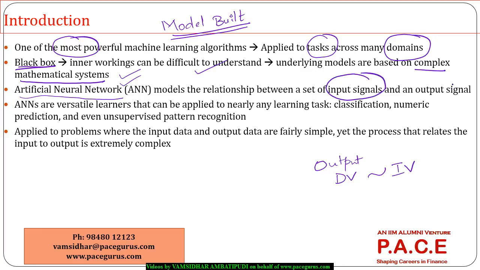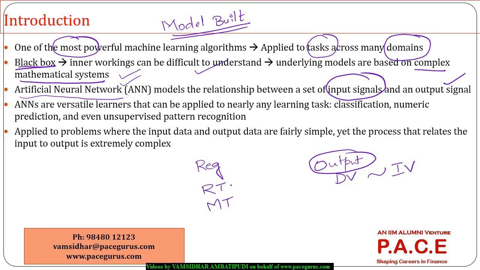Here we use the word signals. Output signal is more like a dependent variable, and we are trying to build relationships between a set of input signals, which is a set of input variables, and one output variable, which is a dependent variable. More or less we have seen regression also serves the same purpose. Regression tree also accomplishes the same.